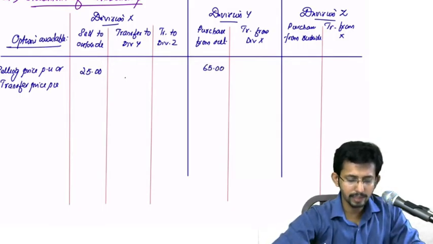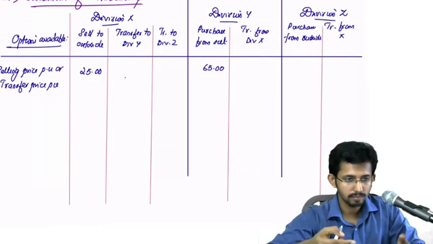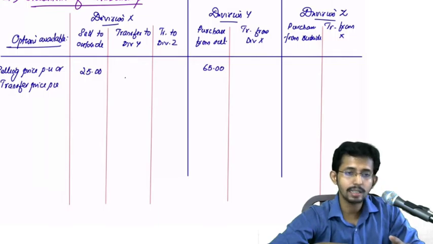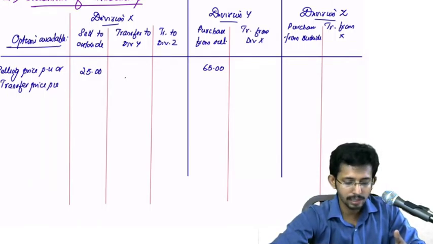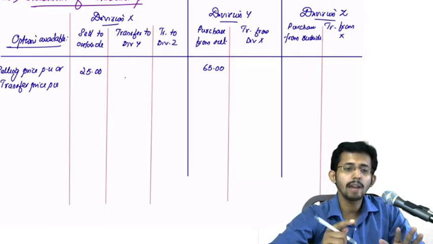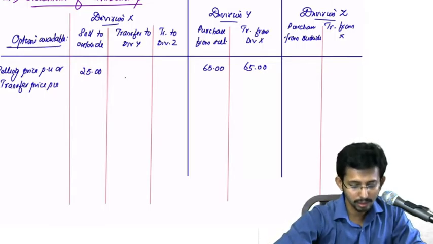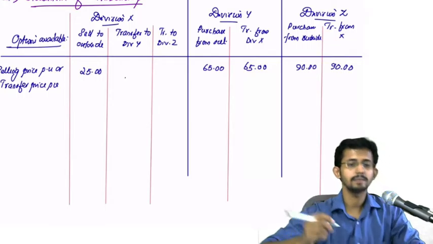As far as division Y is concerned, the product X is only a component. So the finished goods of division Y, whether the component is purchased from external vendors or from division X, the output will have the same selling price. So in both cases it will be 65 itself. Here also it will be 90 or 90.